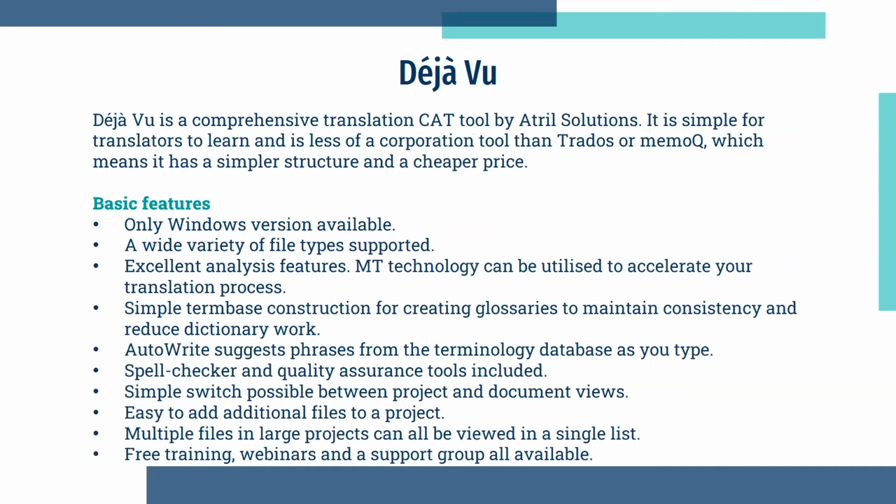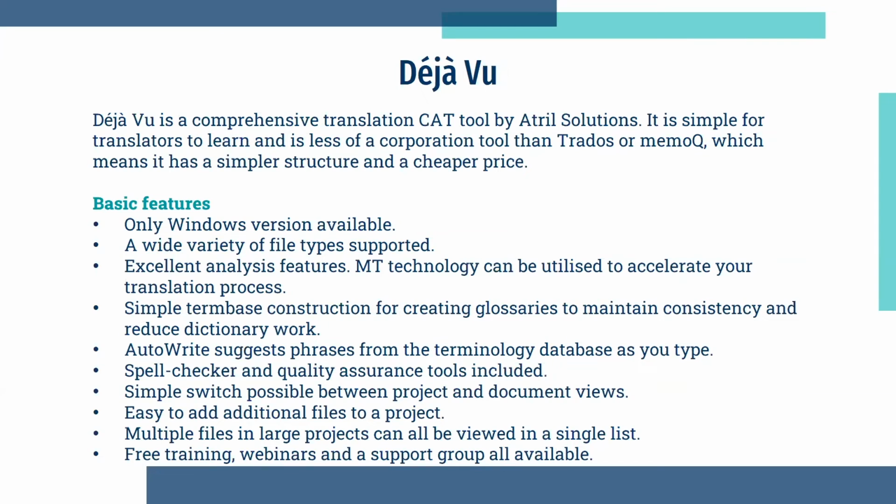For DejaVu, it is a comprehensive CAT tool. It is simple. Actually, it is simpler for translators to learn because it is less of a cooperation tool than Trados. So it has a simpler structure with a cheaper price.